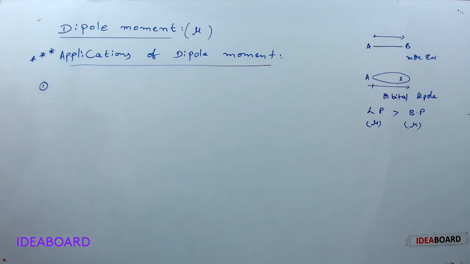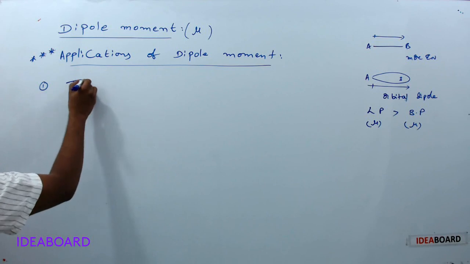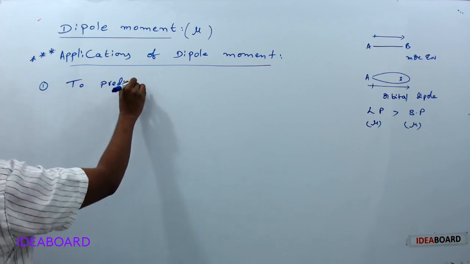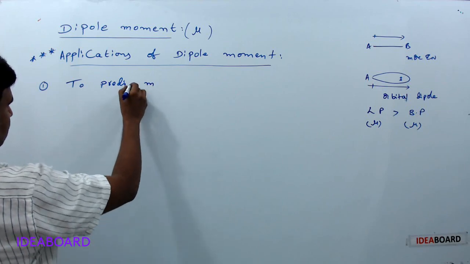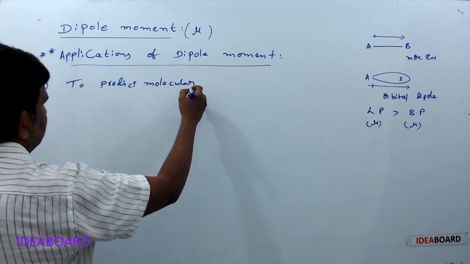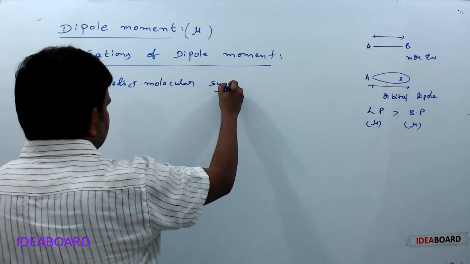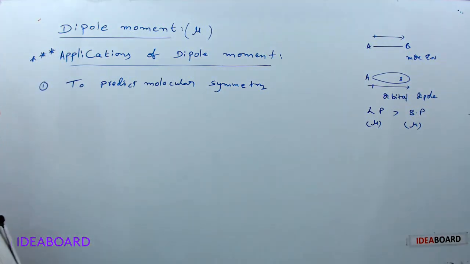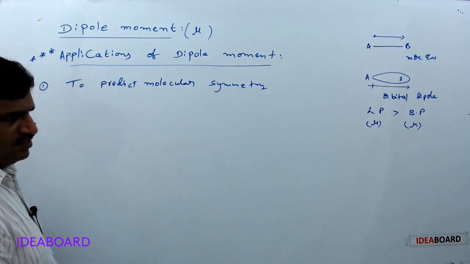In this, the first application is to predict molecular symmetry. We can use the dipole moment. How can we use the dipole moment?